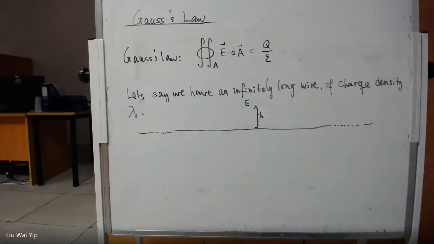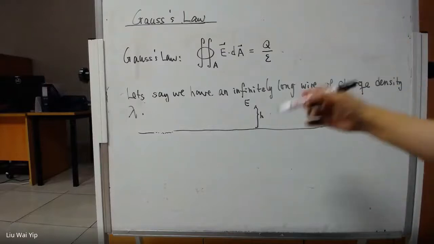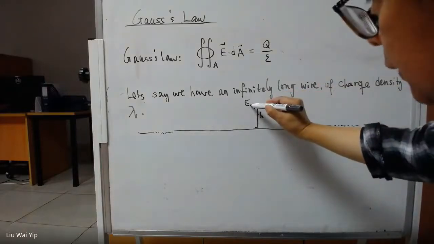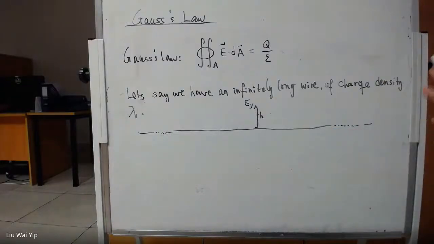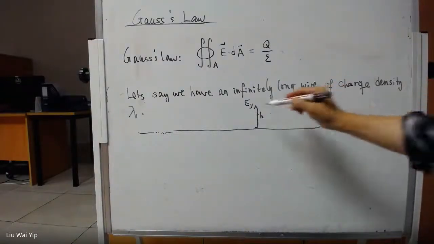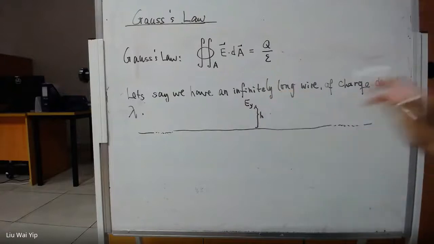We don't know the length of the wire, but we know it's very long. So what should we do? Let's say this electric field is EY. It's important to understand that the electric field can be pointing in all directions.